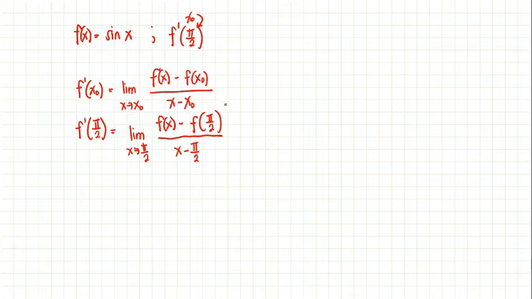Now we need to solve for the value of f of pi over 2. We will just substitute pi over 2 to our x here. So we will have sine of pi over 2, and we know that sine pi over 2 is equal to 1.